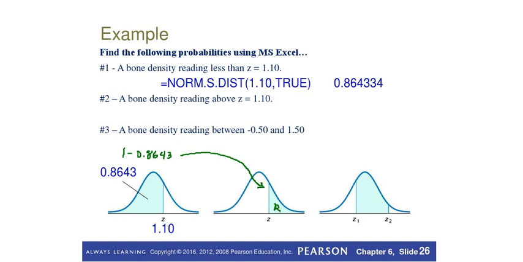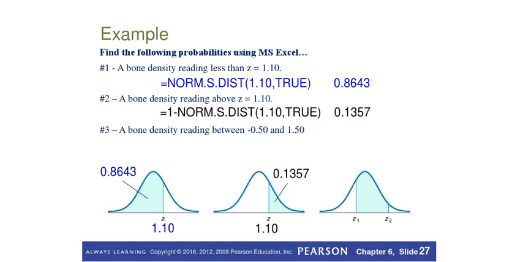So if we wanted this right-hand area, that's what we would do. And so in Excel, we would type in a formula just like that one. We could say 1 minus whatever we get from our normal distribution at 1.1. That's 0.1357. That represents the area to the right. If you add 0.8643 and 0.1357, you should verify for yourself that this adds up to 1.0, the total area under the curve.